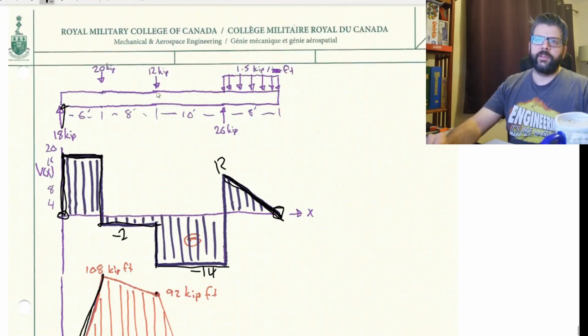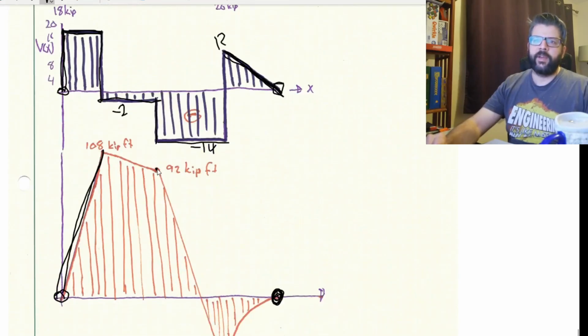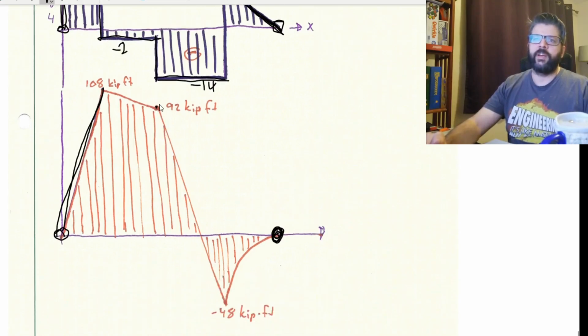And then we get to this other load here. After that point, our shear decreases further. So it's still decreasing, but the slope's a lot higher. So it starts shooting down and keeps shooting down until we hit this support here.